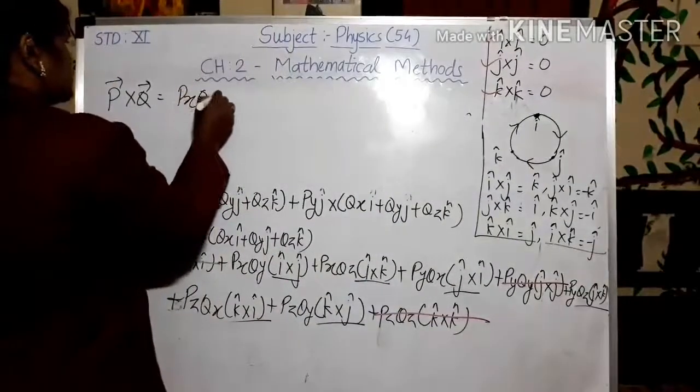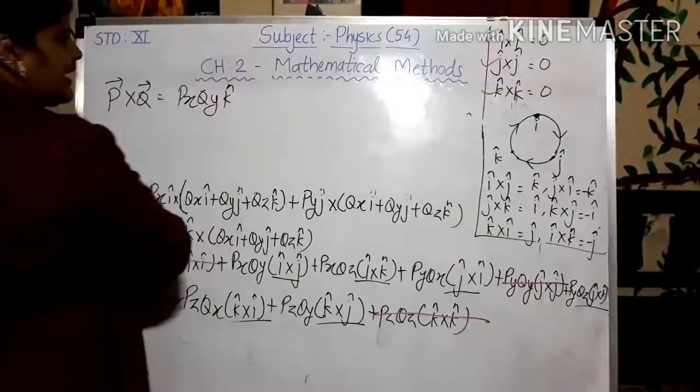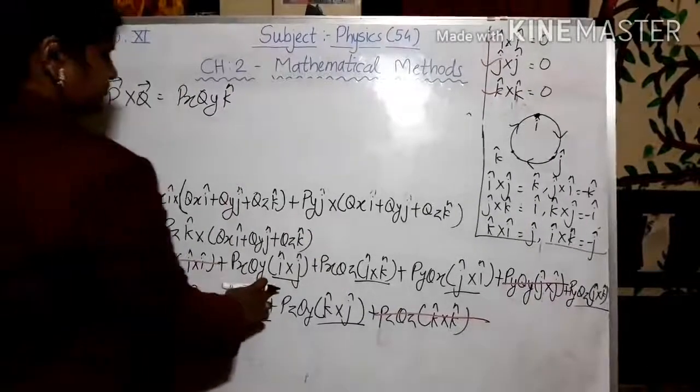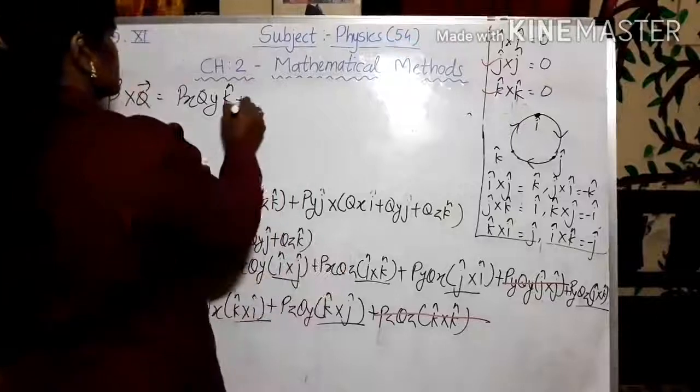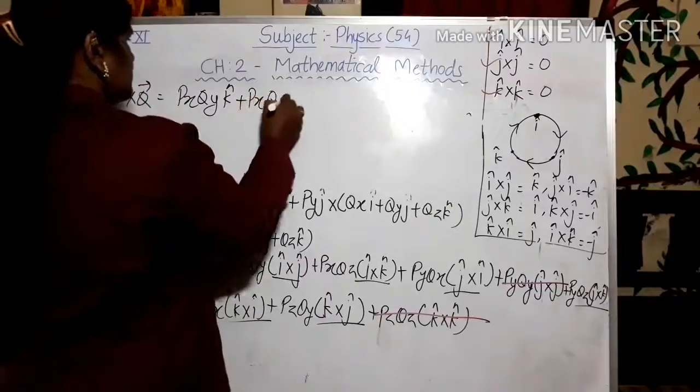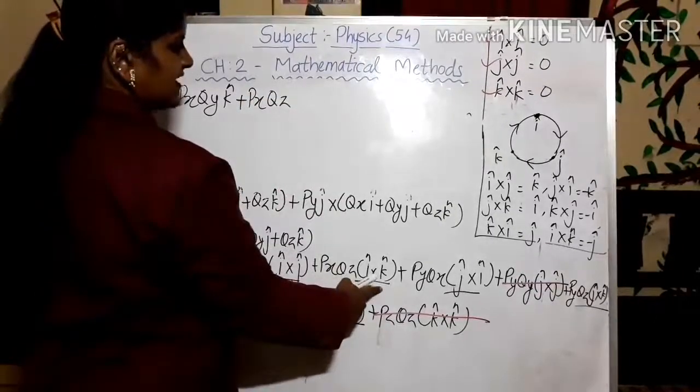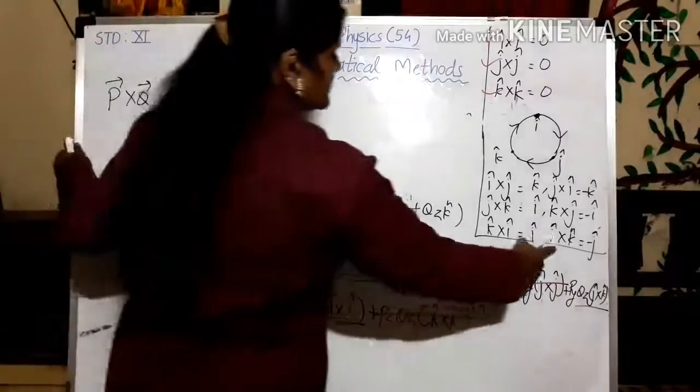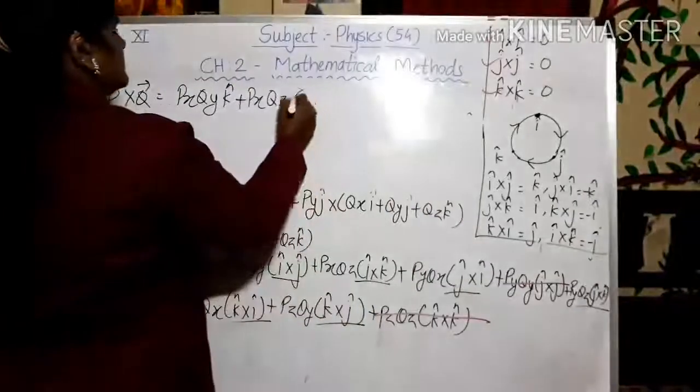Px qy k cap, Px qz I cross k. What is I cross k? Minus j.